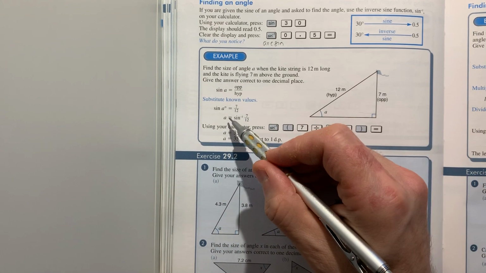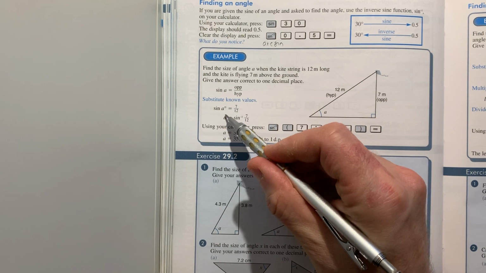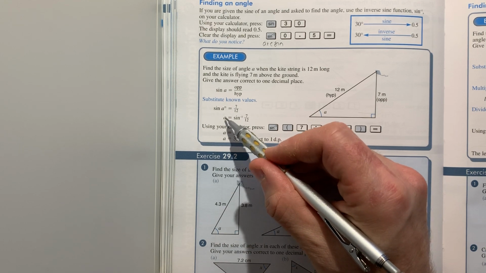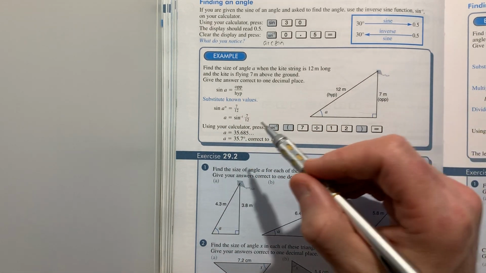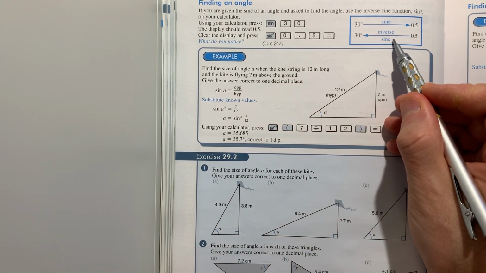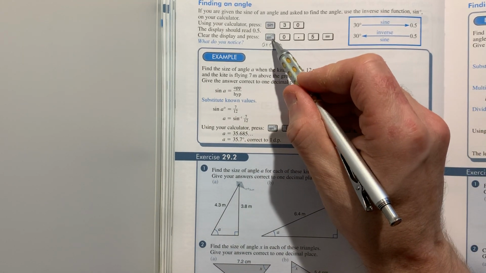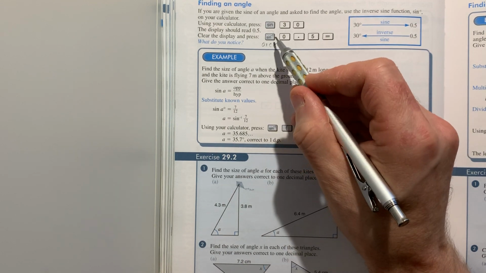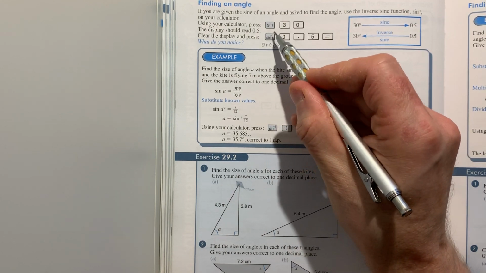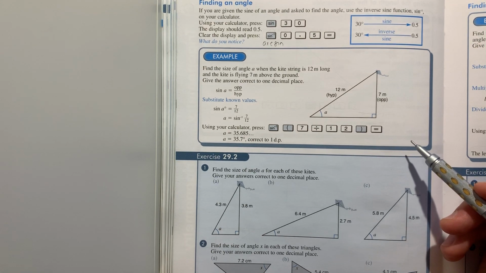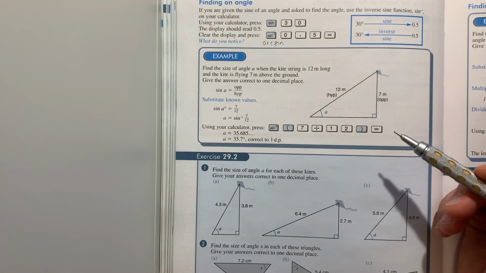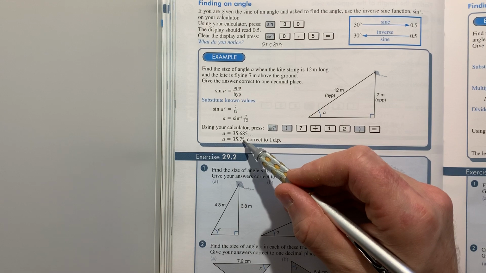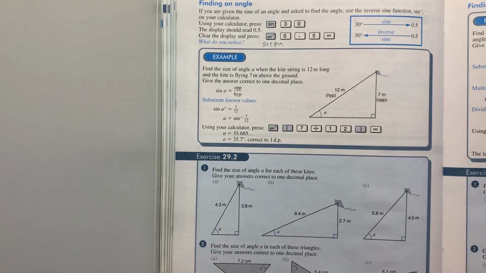But the problem is we now want the value of the angle, and for that we have to use the inverse sine, sine to the -1, or as we call it, arc sine. On our calculator, this is the key sine to the -1. So you use that button and you get the angle 35.7.